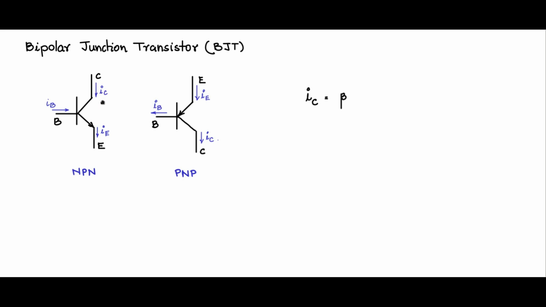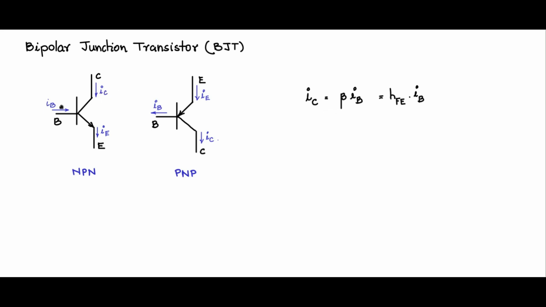If I take this NPN BJT, IC is related to IB in this fashion, beta times IB, where beta is fairly constant. It is also equal to another parameter called the H parameter, HFE, times IB. This is the relationship between the collector current and the base current.